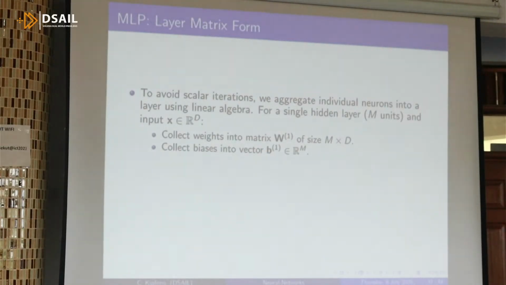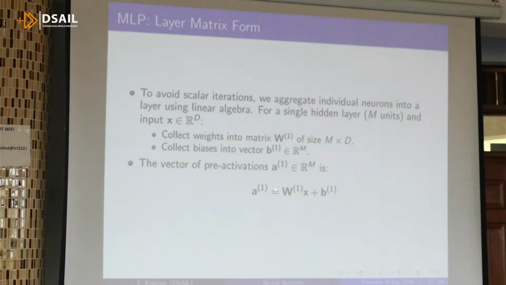So we moved our weights from a vector to a matrix, and we moved our biases from being scalars to being a vector. We collected them all together. So the vector of preactivations A is m-dimensional, because we have m neurons.